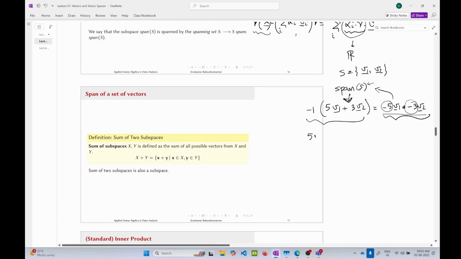Let's do vector addition. Let's say we take this 5V1 plus 3V2. That's one of the vectors that we've taken. Let's say another vector we take is -1V2 plus V1, 2V2, and these are the two vectors that we've taken. If we add these two, what will we produce?